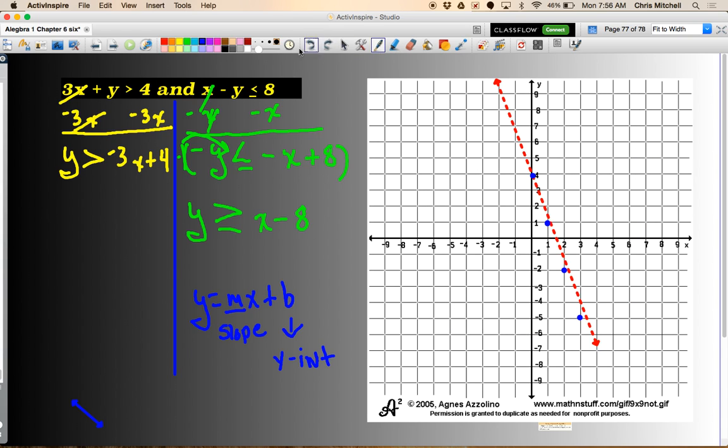Next, we can use red. Or let's use black. So now I'm going to start at negative 8. Negative 8 there. I'm going to go up 1 over 1. Up 1 over 1. Up 1 over 1.